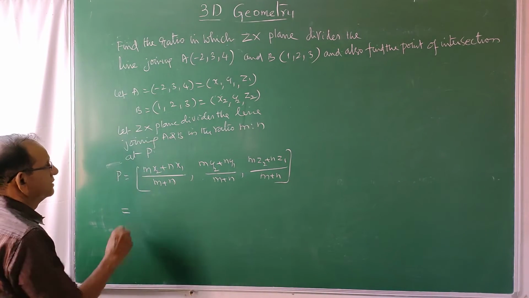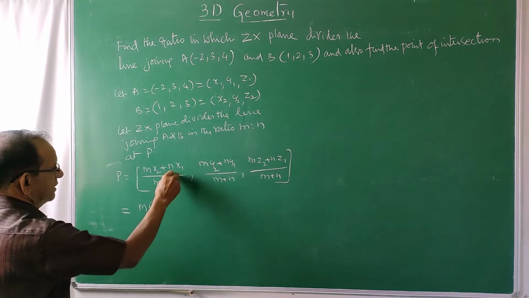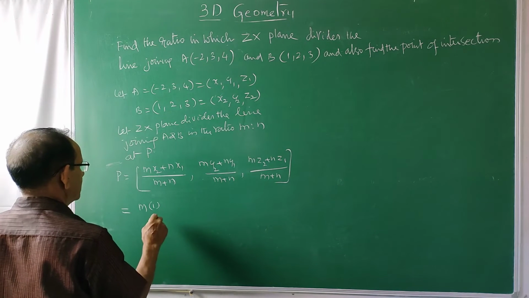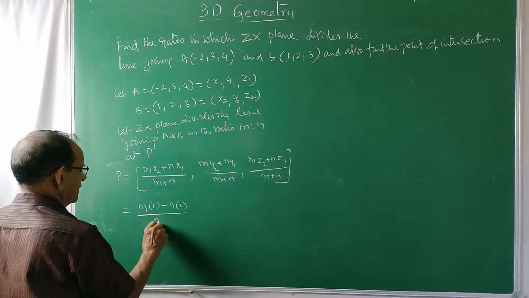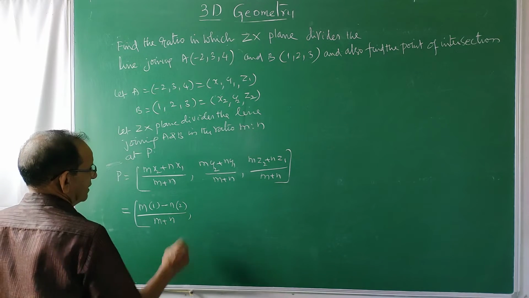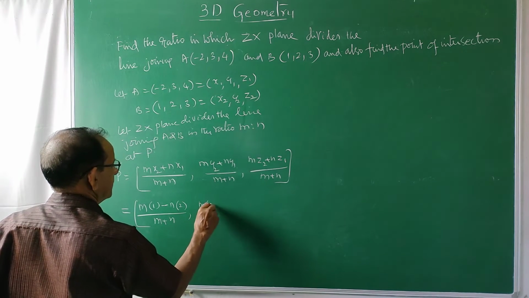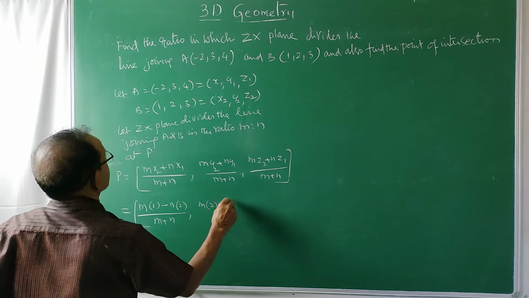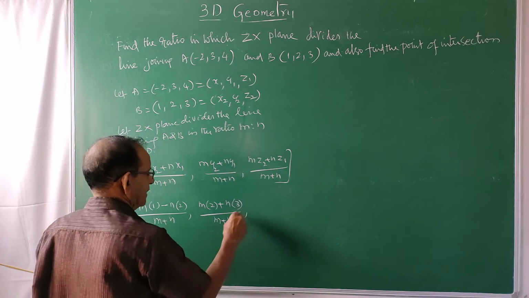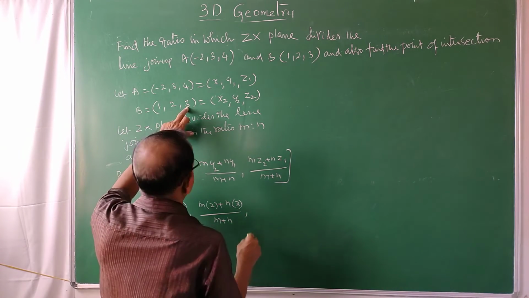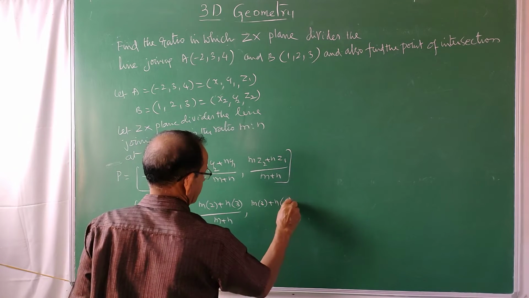That is equal to m into x2, x2 is 1, plus n into x1, which is -2, so (m - 2n)/(m + n), then (m into y2, which is 2, plus n into y1, which is 3)/(m + n), and (m into z2, which is 3, plus n into z1, which is 4)/(m + n).